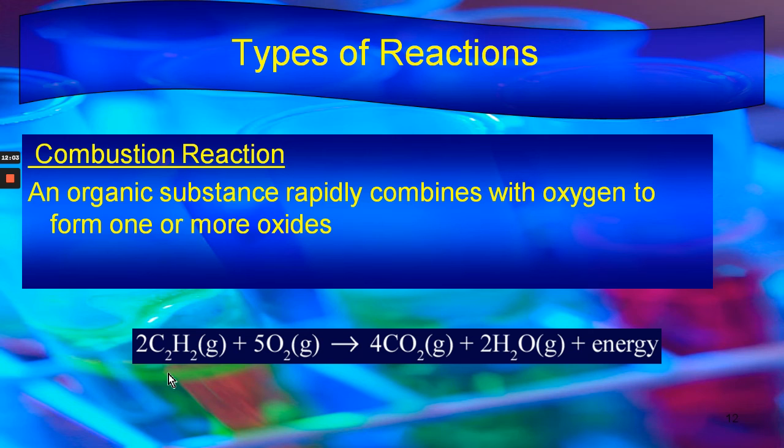So, for example, if we have ethene reacting with oxygen to make carbon dioxide and water, and you don't have to have the energy, just letting you know that there's always energy that's released in this process, but it can be any CH or any CHO with any subscripts, always combining with O2, and then the two products are always CO2 and water, okay? So anytime you see carbon reacting with oxygen, you're going to always have products of CO2 and water.